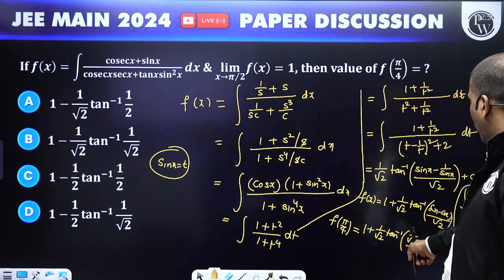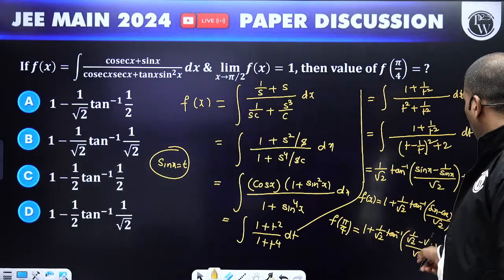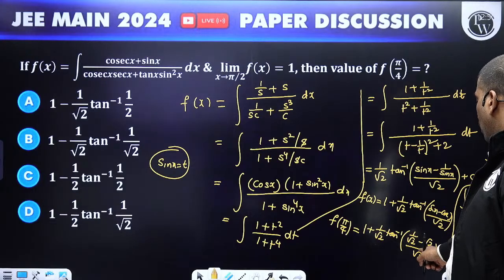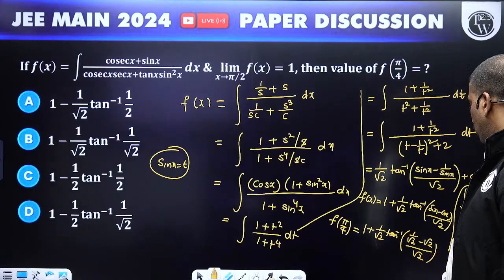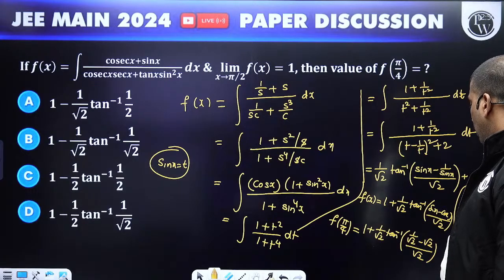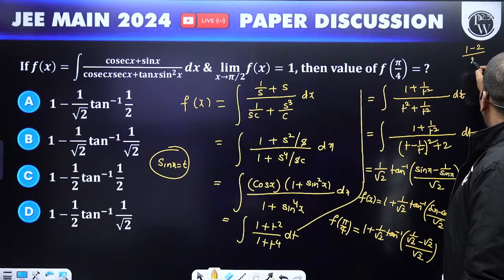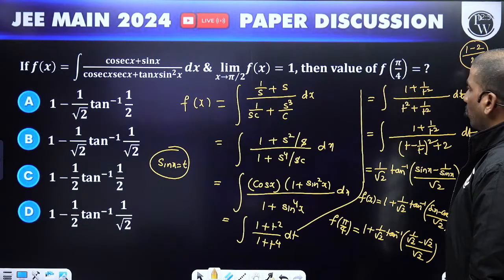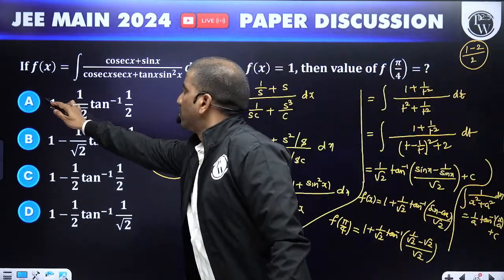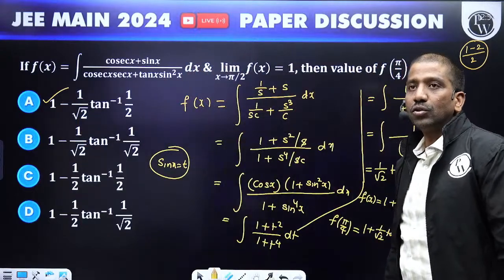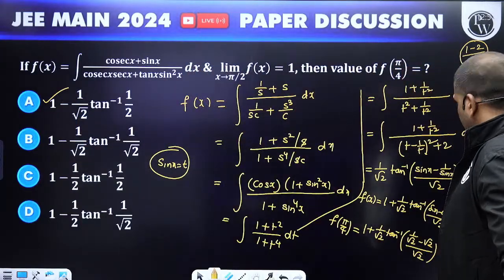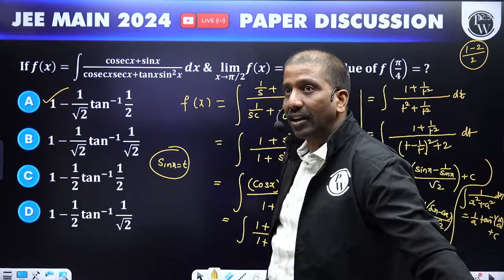So 1 minus 1 by root 2 tan inverse of 1 by root 2 will come. So 1 minus 2 by root 2 into root 2, that will become 2. So 1 by 2. So this will be the right answer. Right? So this is from 1 by a tan inverse. You are right. Correct.